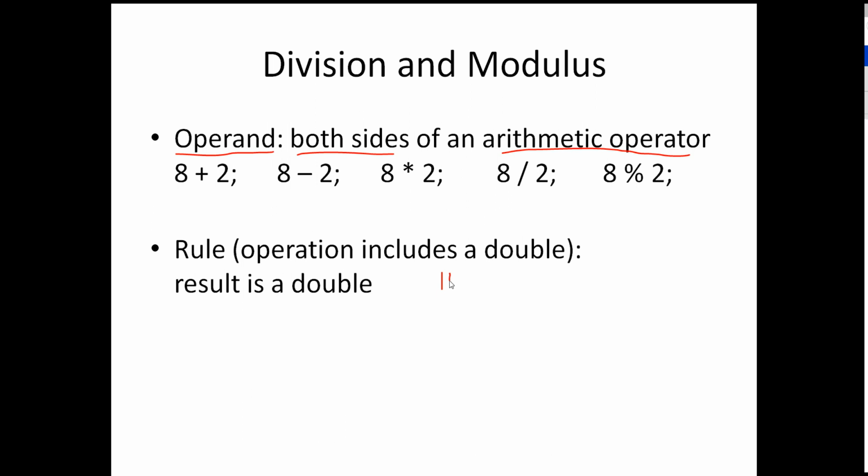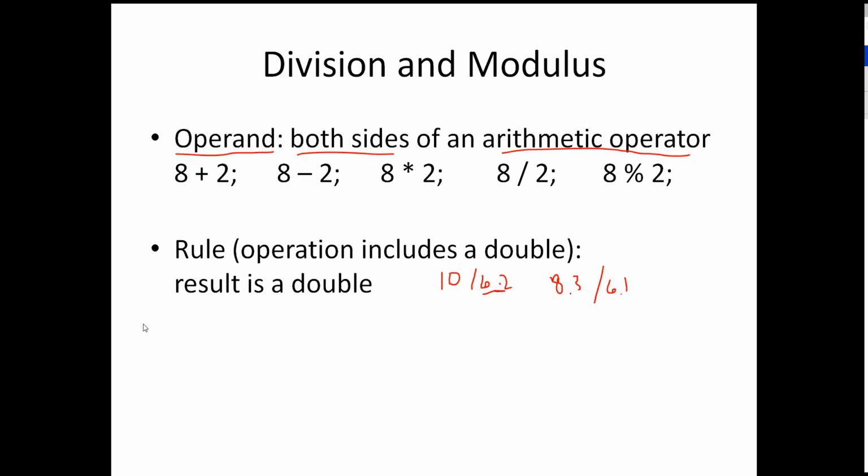For instance, 10 divided by 6.2, the answer has to be a decimal, because this is a double, or a decimal. You could have 8.3 divided by 6.1. Well, the answer has to be a double.